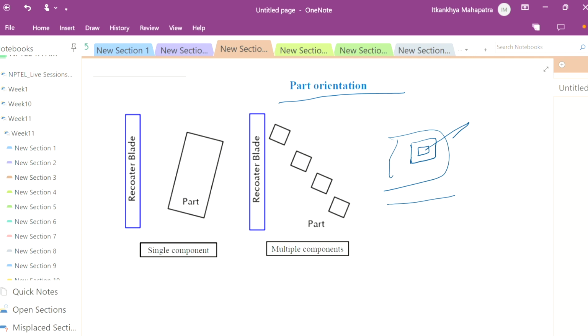But in the SLM process, all these problems are not there, because those machines are themselves very costly. The build plate is always leveled.